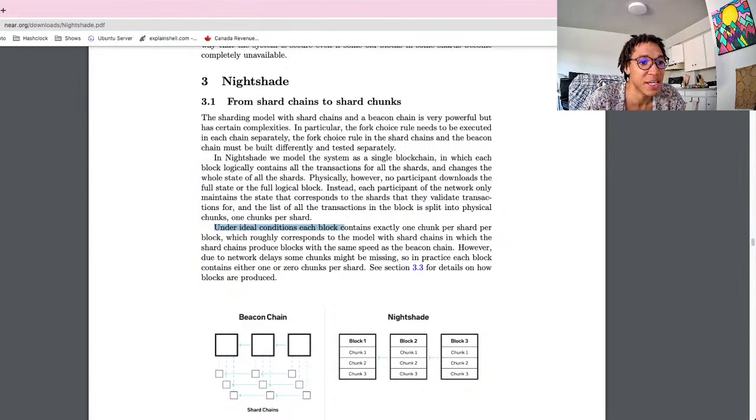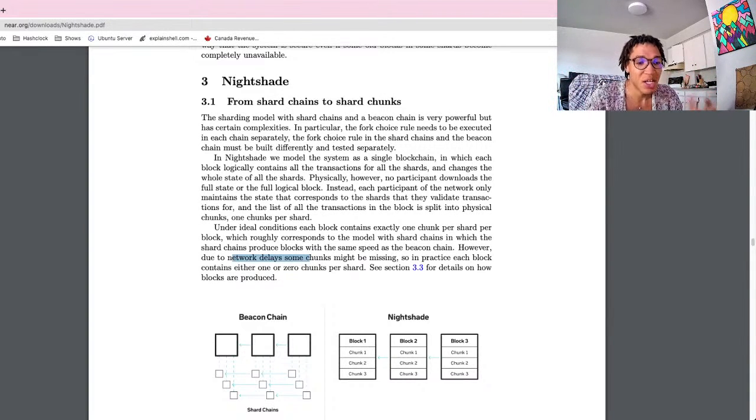Under ideal conditions, each block contains exactly one chunk per shard per block, which roughly corresponds to the model with shard chains in which the shard chains produce blocks with the same speed as the beacon chain. However, due to network delays, some chunks might be missing. Makes sense.